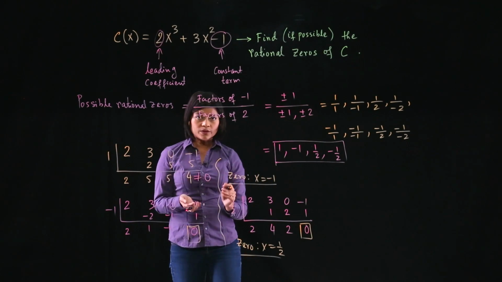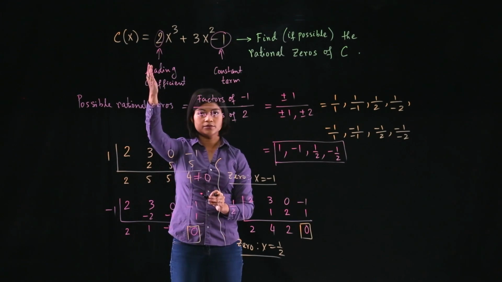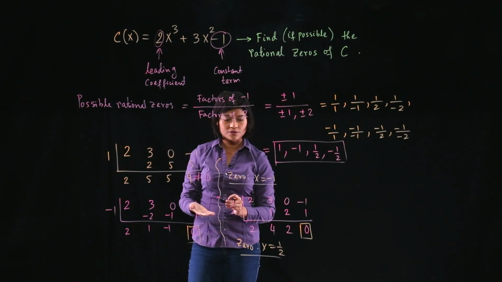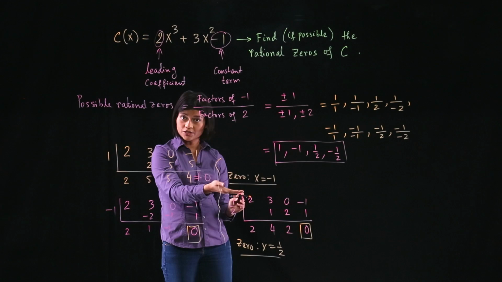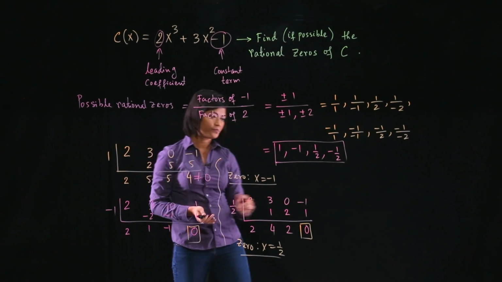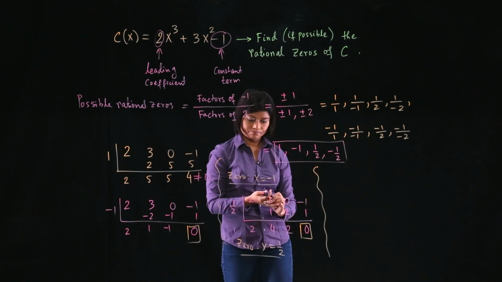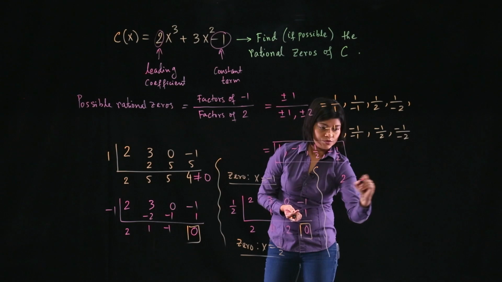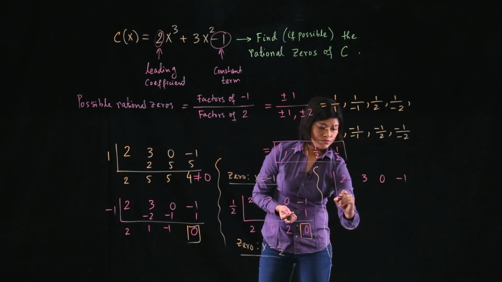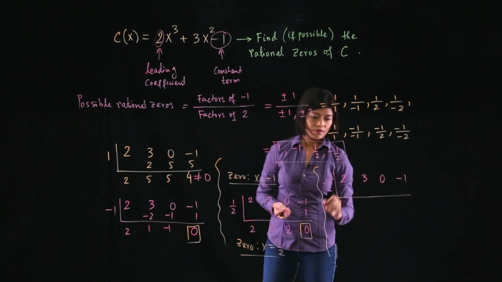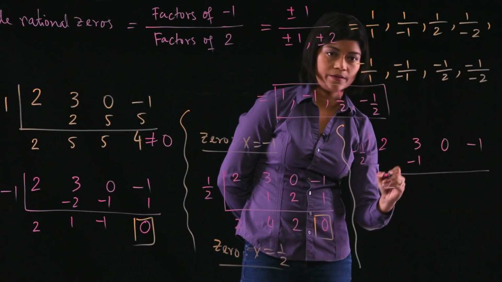Now, notice at this point that this polynomial has degree 3. So we know that it has 3 zeros, and we already found 2 of them, both rational. So a third 0 will be a rational one as well. And we have one more choice here, negative 1/2. So let's try that. Let's use the coefficients again and use negative 1/2. Bring down 2. 2 times negative 1/2 is negative 1.